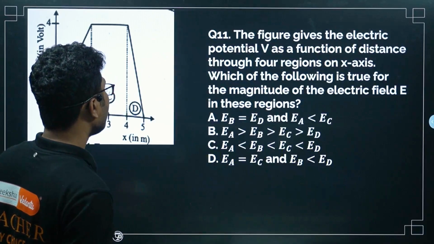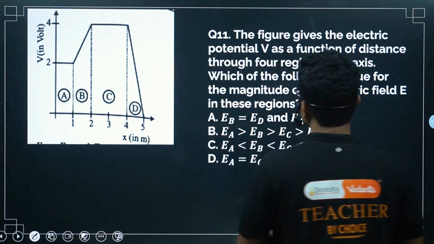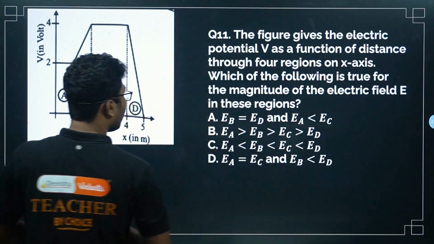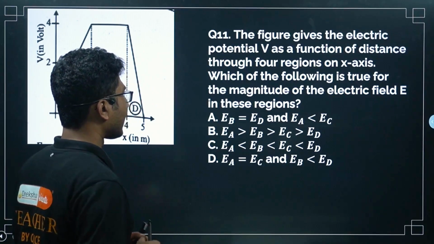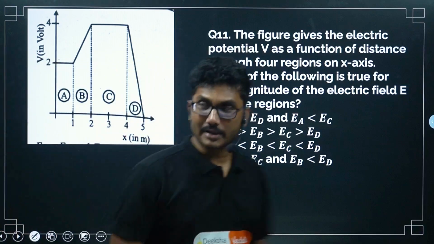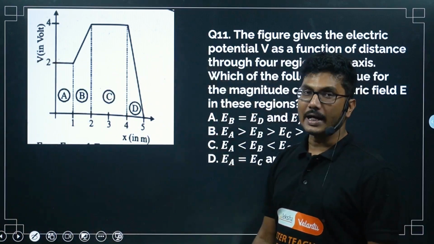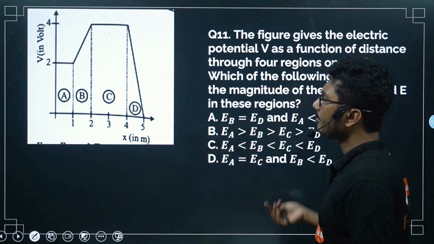So let's move on. The figure gives the electric potential as a function of distance through 4 regions on the x-axis. Which of the following is true for the magnitude of the electric field E in these regions? Now they have given you this diagram and asked in which case the electric field is maximum, and which case the electric field is the same.